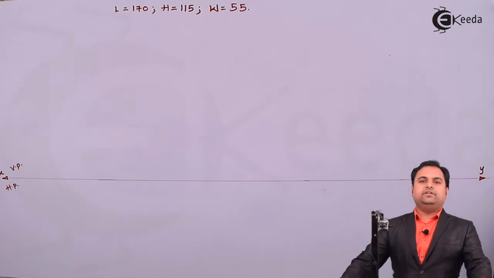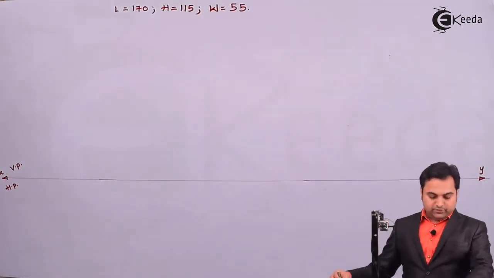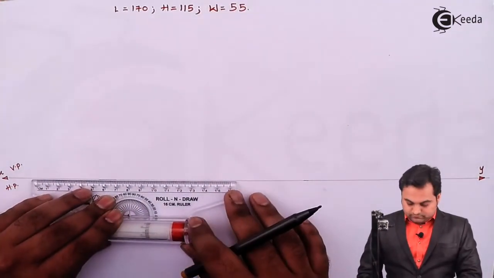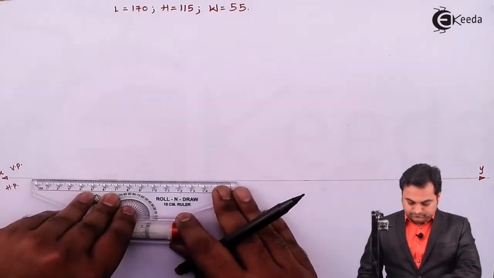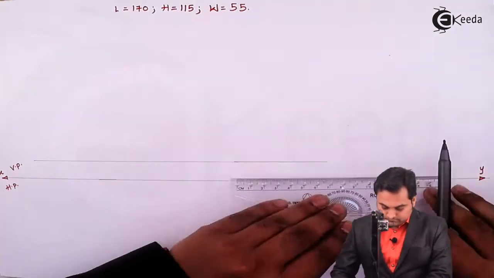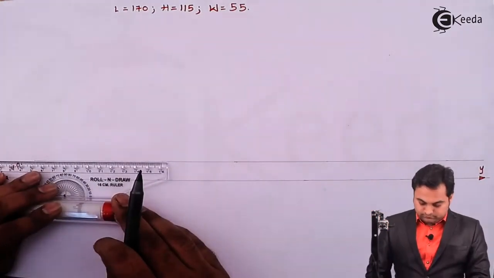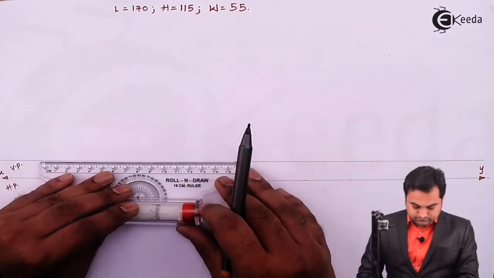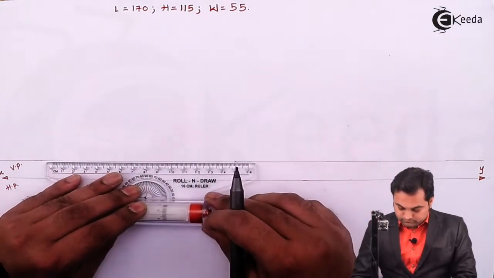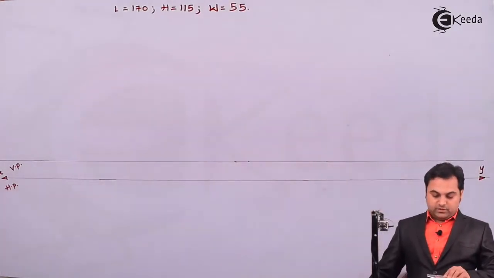Now as explained, in the front view, the length and height are seen. So I'll draw a rectangle of length 170 and height 115. So length is 170 mm.